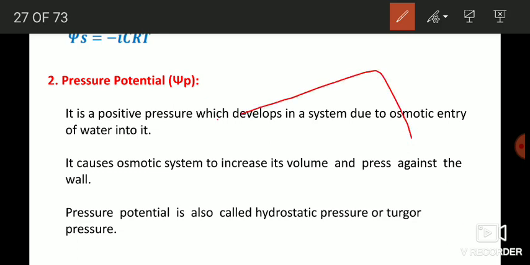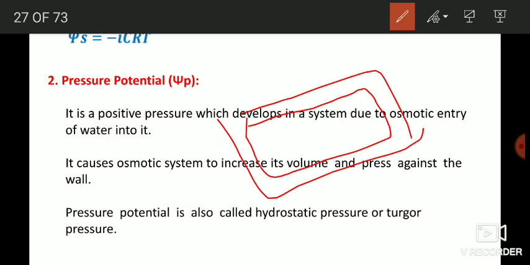When water goes into a cell, this is its plasma membrane. Its volume will increase, it will swell. And this plasma membrane will then go and touch the wall, it will press the wall. Pressure potential is also called hydrostatic pressure or turgor pressure.